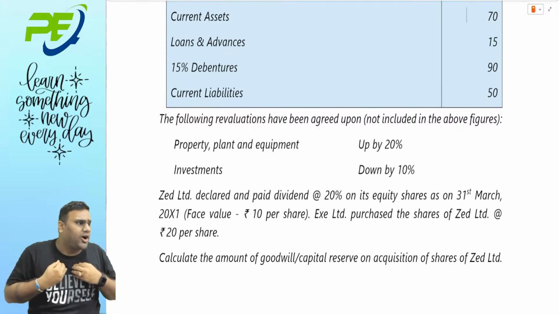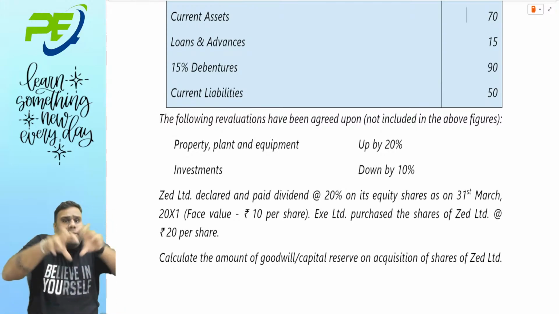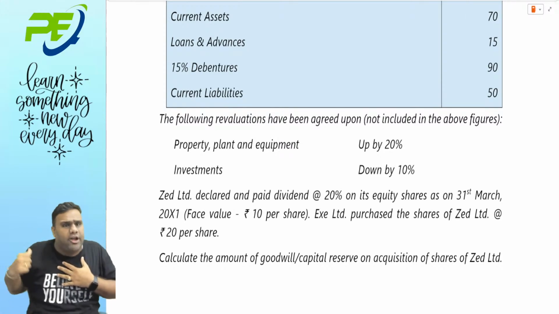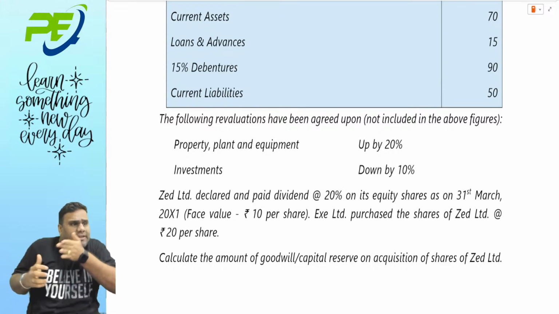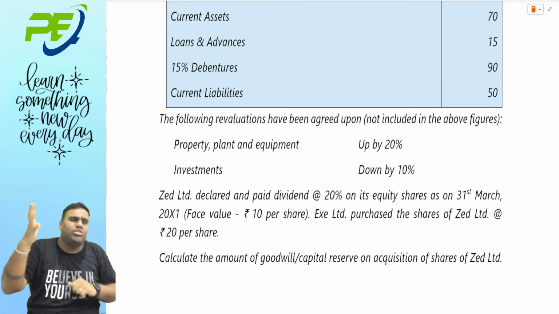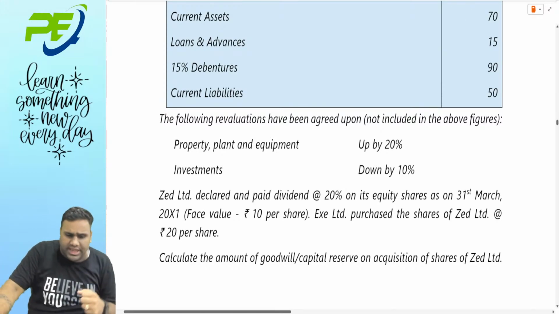Very good. Reduce from the cost. Why? Because for the period when the dividend is received, I was not the owner. I got shares at the end of the year, but dividends were received for the year. So though I am receiving the dividend, it is not for the period when I was owning it.